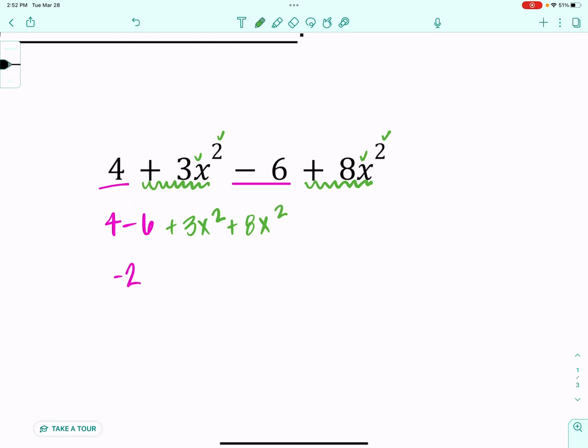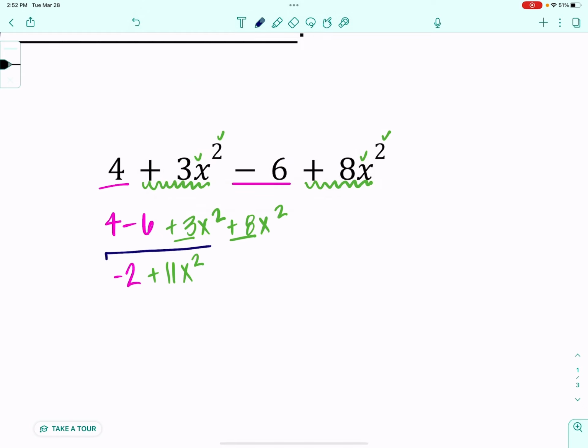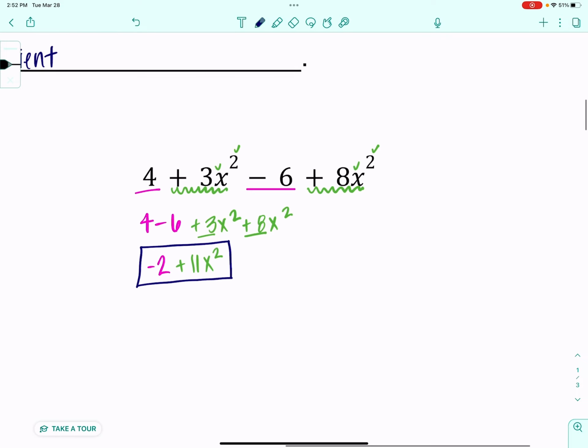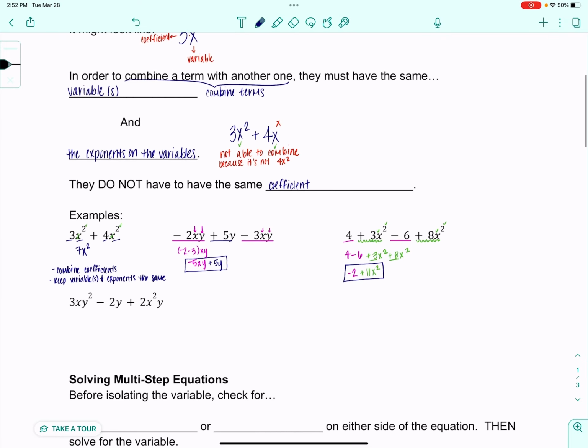And then over here, I'm going to combine my coefficients. 8 plus 3 is 11. And I'm going to put the variable and its exponent on the back. So I end up with negative 2 plus 11x squared.